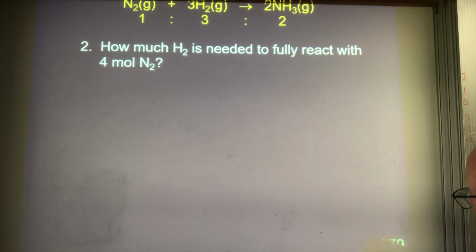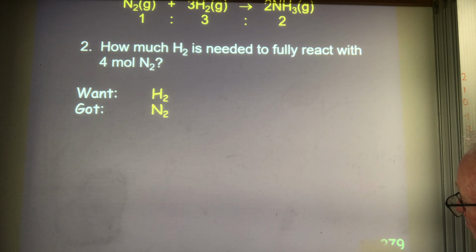How much hydrogen is needed to react fully with 4 moles of nitrogen? Well, what are we being asked for this time? We're being asked for hydrogen. Want is hydrogen. What are we given? Nitrogen is what we've got. Want over got is hydrogen over nitrogen, which is 3 over 1.